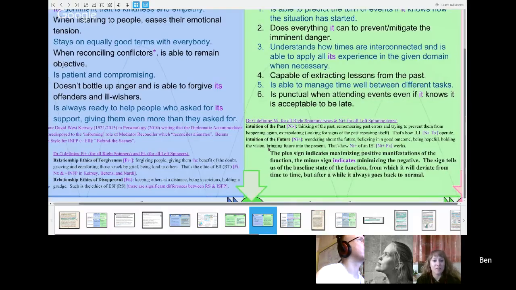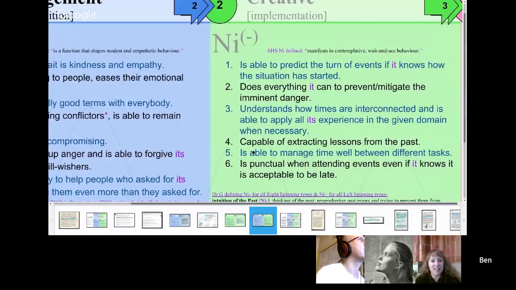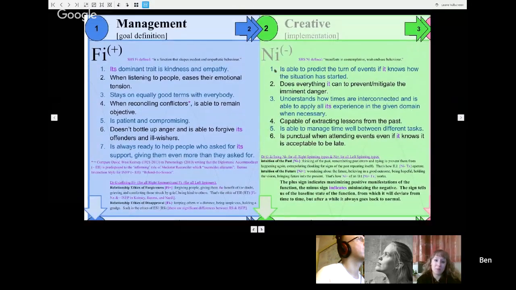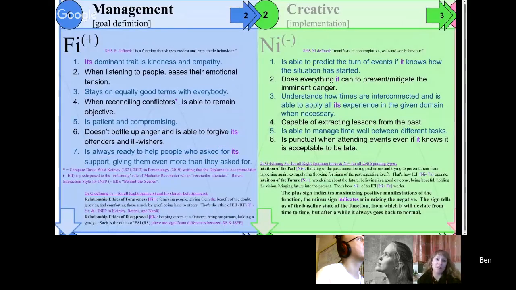Enneagram 6 sees a possible outcome in just one way, not so many different things, but just one, and tries to prevent it. For me, it's also more NI than NE.